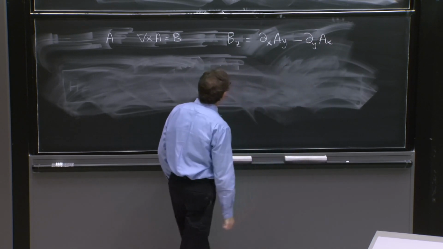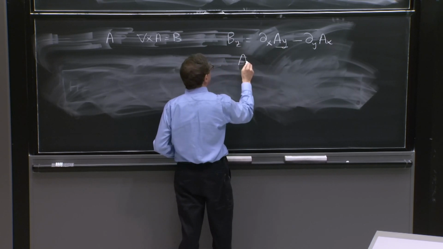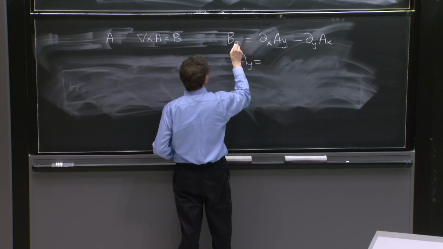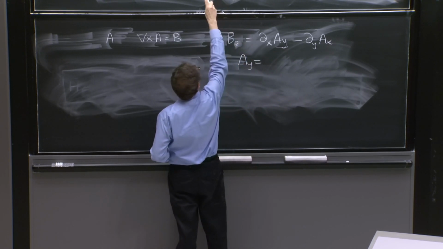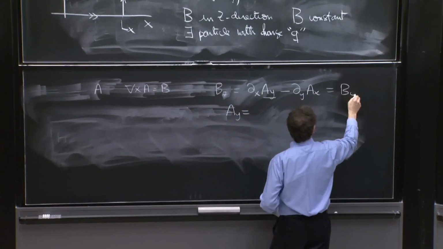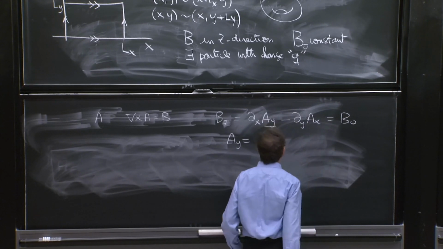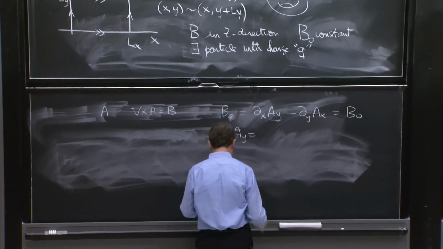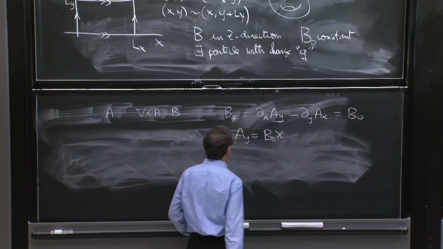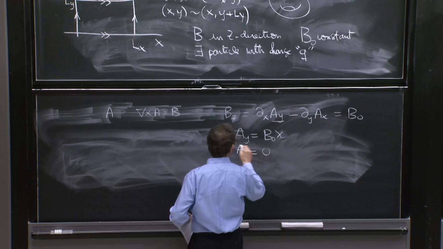So let's simplify my life. Let's take A_y to be equal to B_z, and let's call this magnetic field B0, the constant value B0. So A_y would be equal to B0 times x, and A_x would be 0.